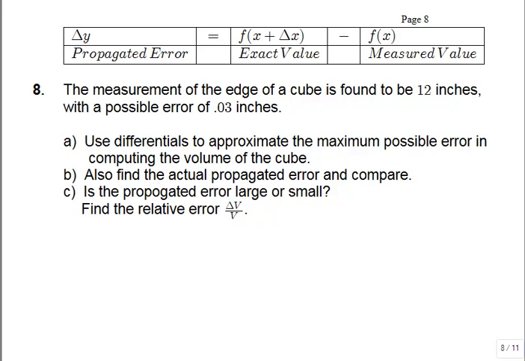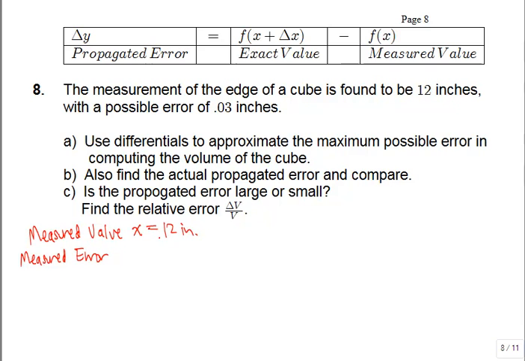We know that we measured the edge of a cube to be 12 inches. So the measured value, kind of like our good value, what we've been calling x, is 12 inches. The error when we measured it was 0.03 inches. So the measured error is how far off we are from this good value.